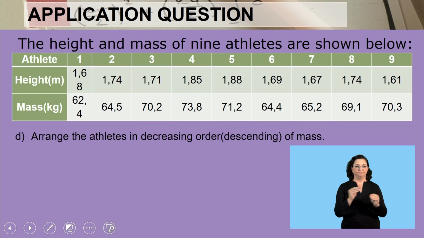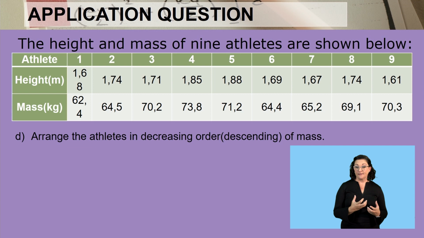Now let's move to the next question. Question D reads, arrange the athletes in descending or decreasing order of mass, which is their weight. We start with the one who is heavier until the one who is less heavy.